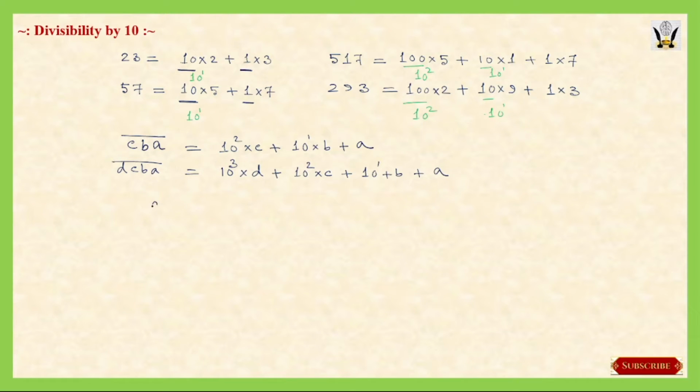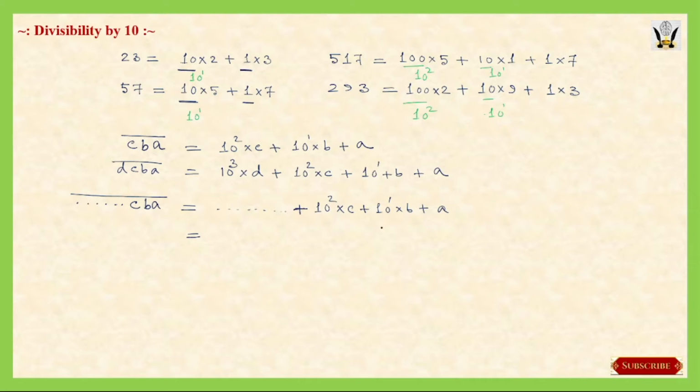Now suppose we have a longer number with n digits, then still we can represent that as multiplied by 10 to the power n, then 10 to the power n minus 1, then n minus 2, and so on. Finally it will be 10 square multiplied by c plus 10 to the power 1 multiplied by b plus a.